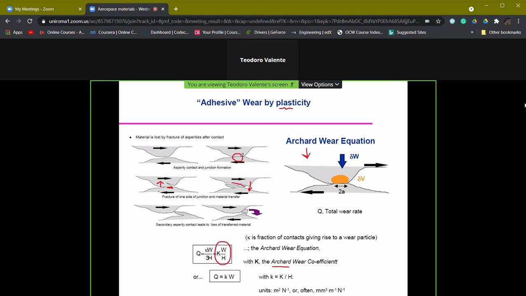The answer is no, in the sense that this phenomenon with the formation of micro welding is essentially related to metallic-based materials, metallic alloys, having a metallic bond and having the possibility to show plasticity, that is, stresses which can exceed the yielding strength of the materials.